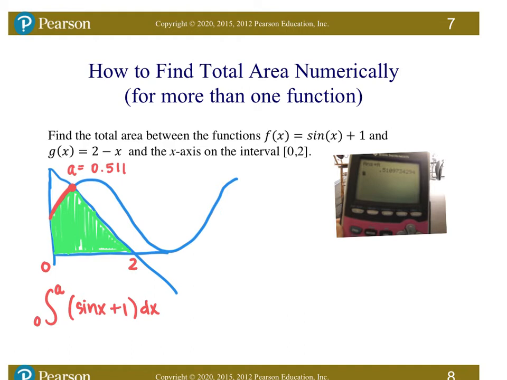And then we're going to do the second partition, which is picking up at A and going the rest of the way to 2, and now we've turned, so we're going to use 2 minus x, quantity, dx. I don't need absolute values because all of these are above the x-axis. And now I can let my calculator do this all for me with the A value that I've stored in my calculator.